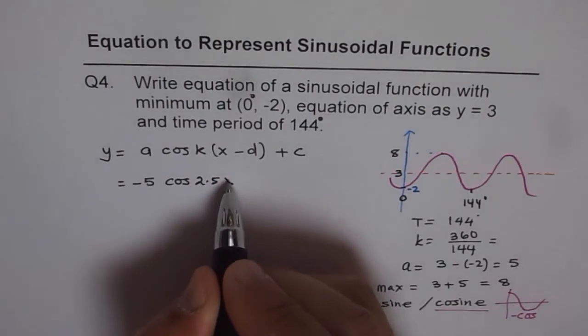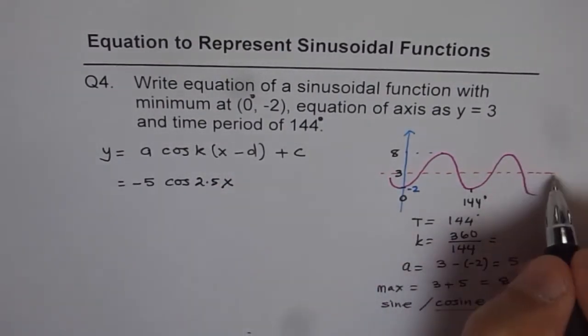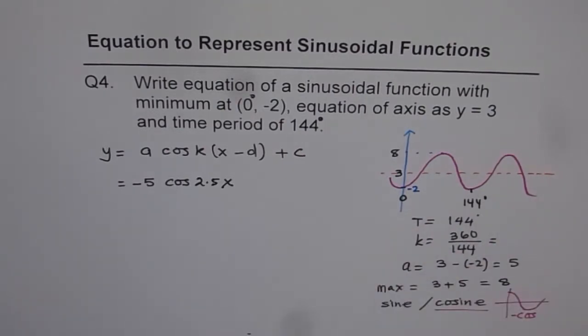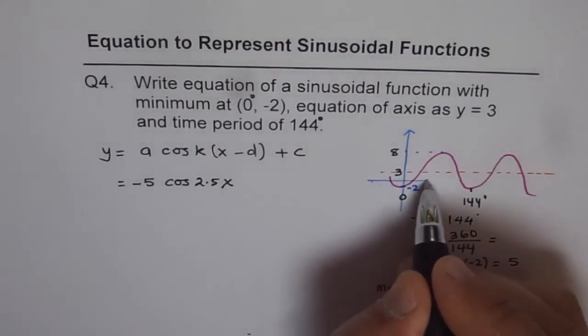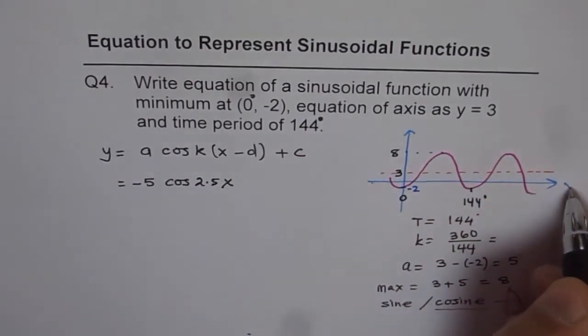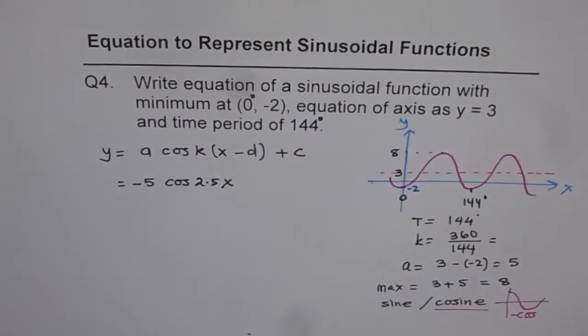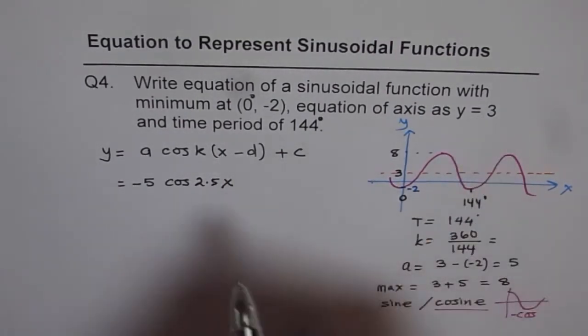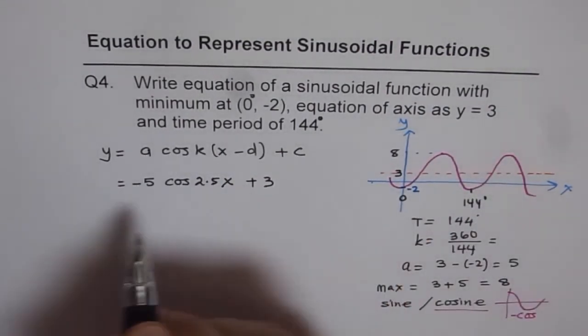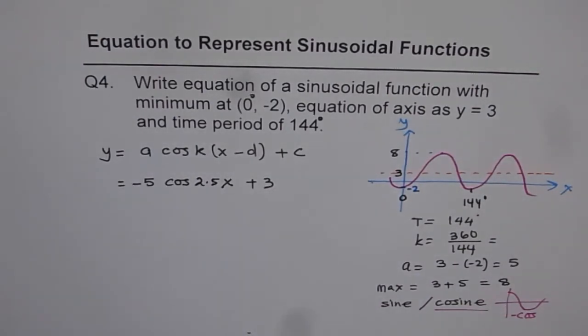So it is x here, along this axis we have x. This is x for us and that is y for us, right? The c value is given to us as 3, so we get plus 3. So that becomes our equation, right?